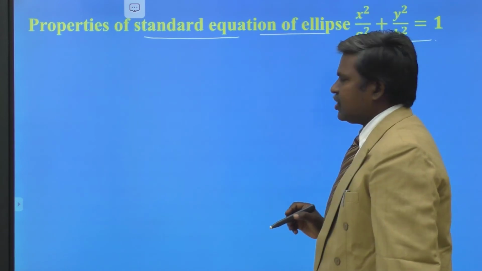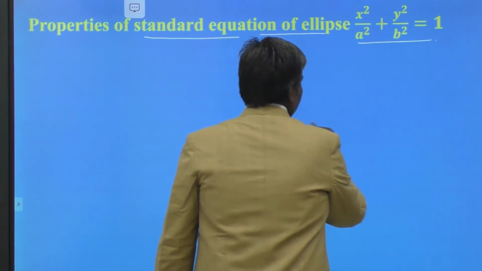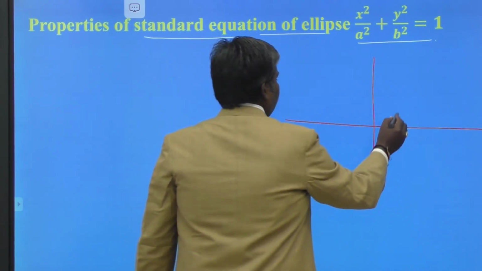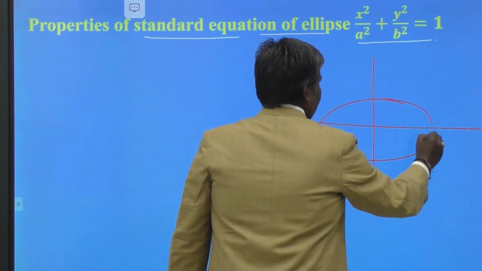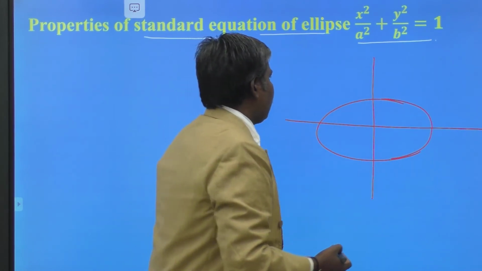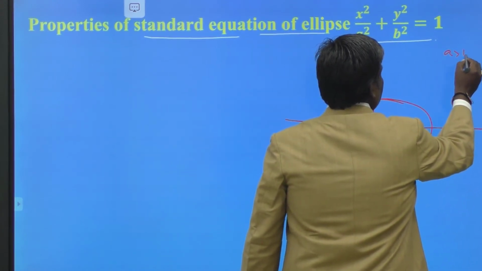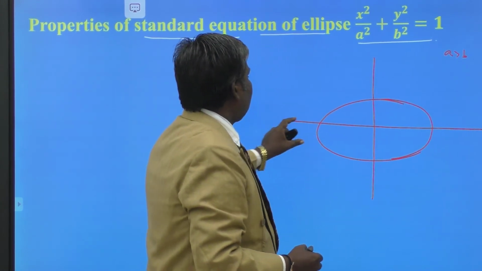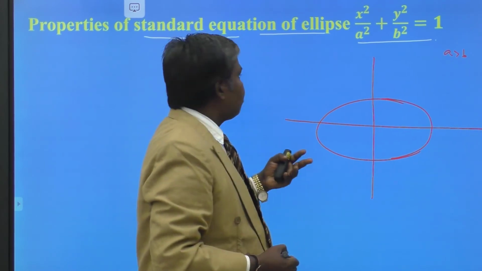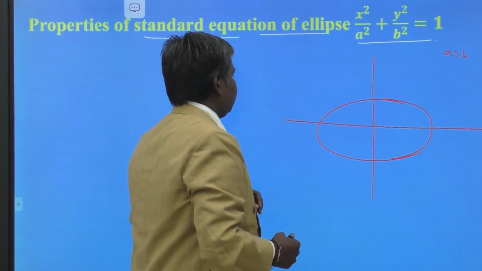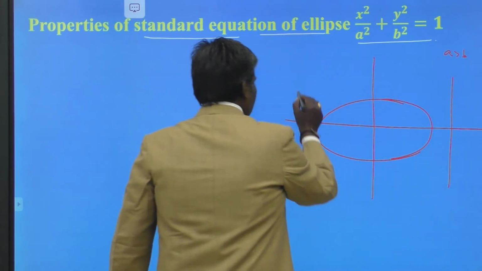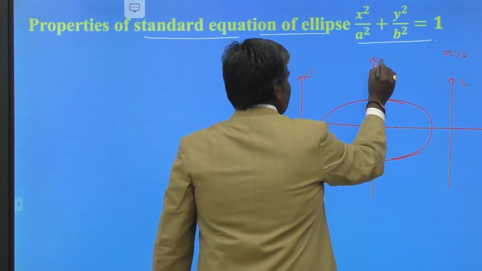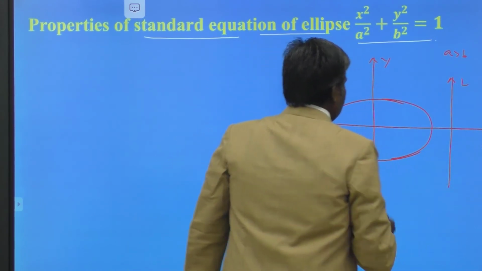These are the coordinate axes. We obtain the diagram for x square by A square plus y square by B square equal to 1, for A greater than B. Why is it obtained in this manner? We obtain it by discussing the properties of the standard form. These are the corresponding directrices L and L dash. This is the y axis, this is the x axis.